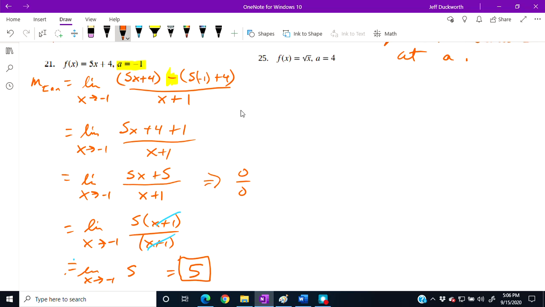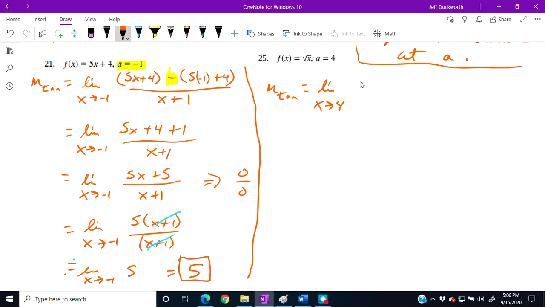Let's see if we can do a little better on 25. This is the other function that we did before. We're evaluating this at a equals 4, so we're taking a square root like we did in the previous video. So limit as x approaches 4.